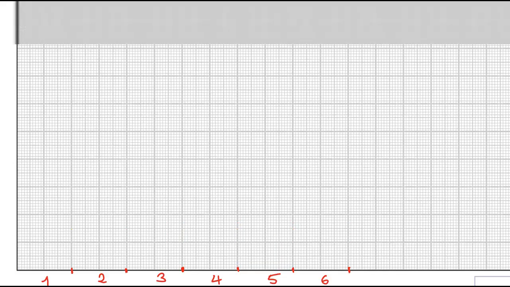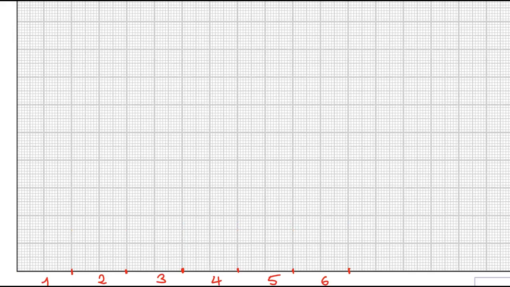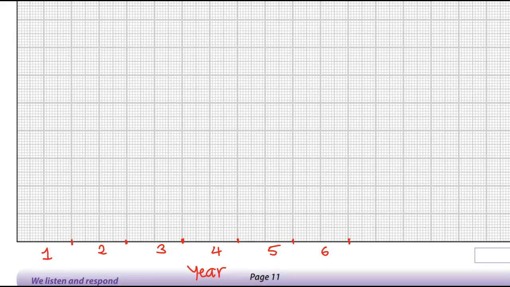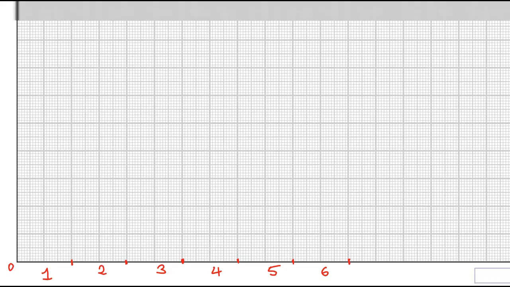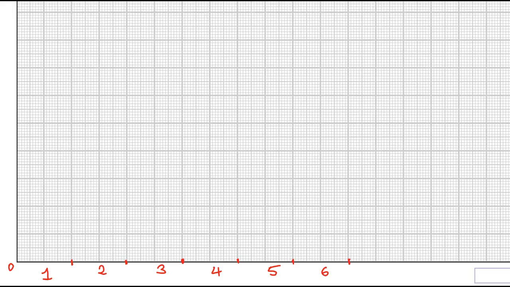Now we can do attendance on the side vertically. Starting with 0, we're going to go to something like 5,000, 6,000 perhaps. So let's see if we can do 1,000, 2, 3, 4, 5, 6,000.